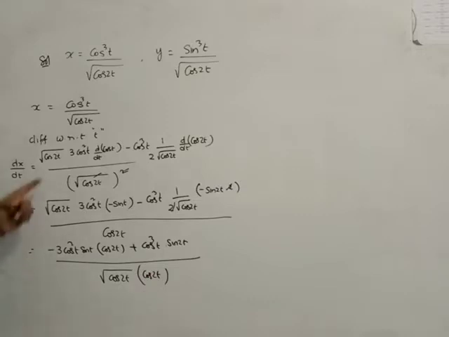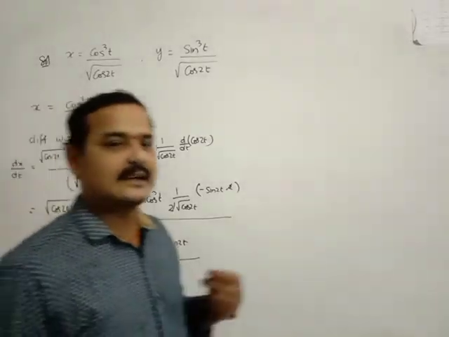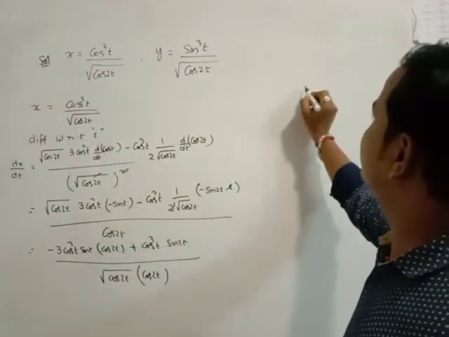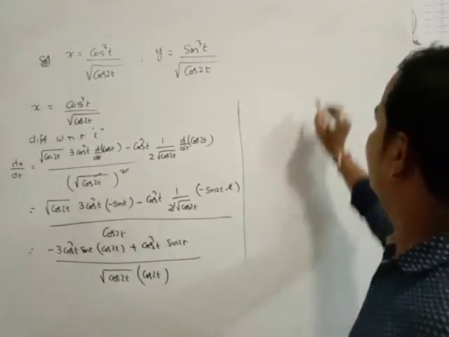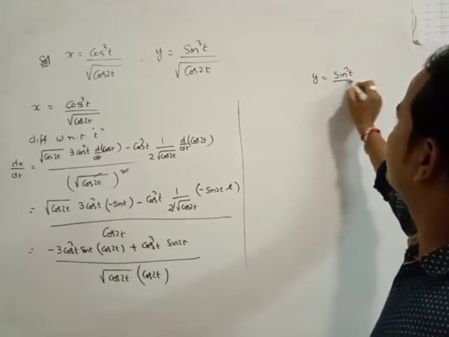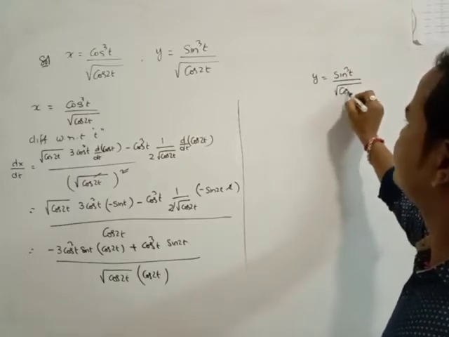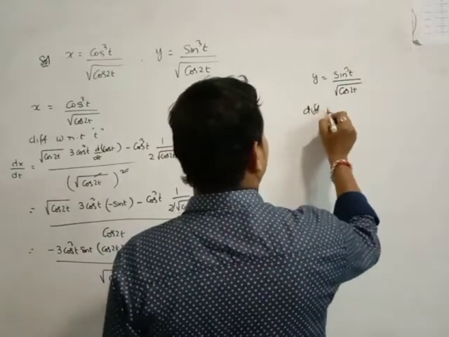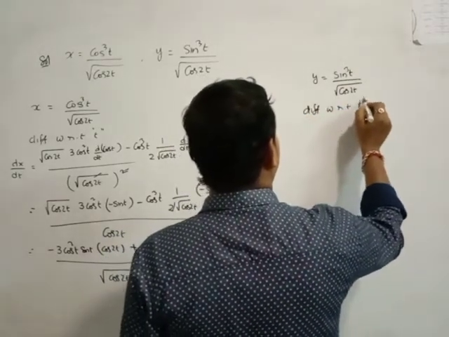There are three steps that will be coming. Similarly, I can find dy by dt also. For dy by dt, y is equal to sin cube t by root cos 2t. Differentiate with respect to t.